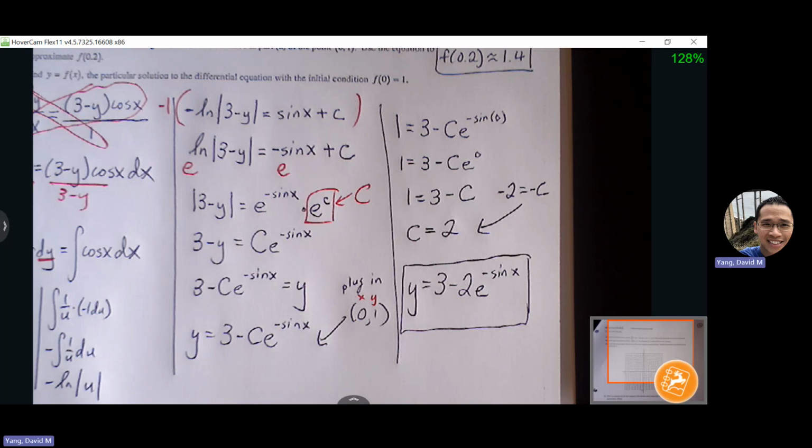Okay, let's go ahead and try page 16. You'll sketch a slope field with 6 points.